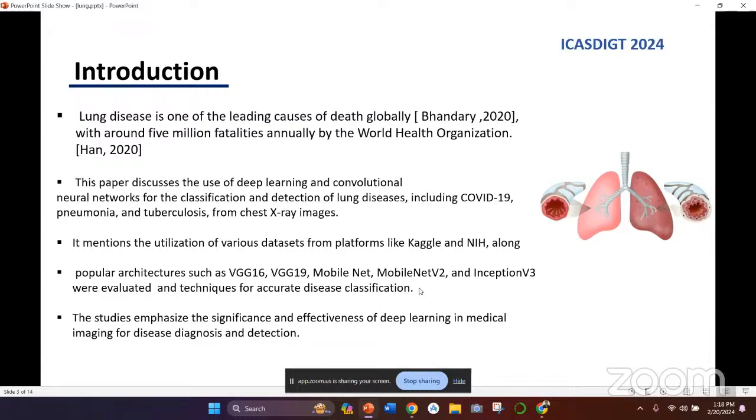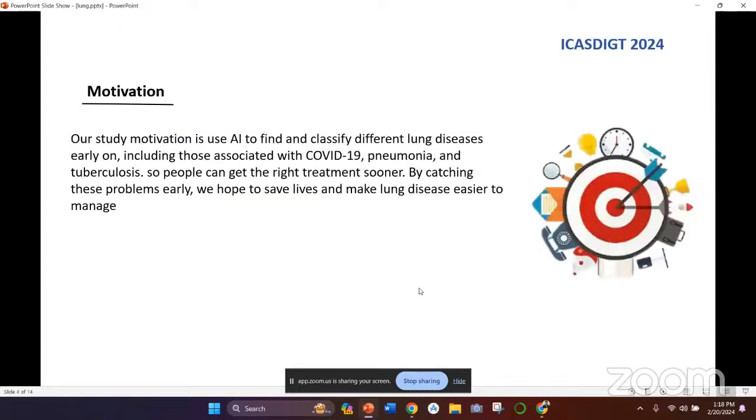This study implies the significance and efficiency of deep learning in medical imaging.